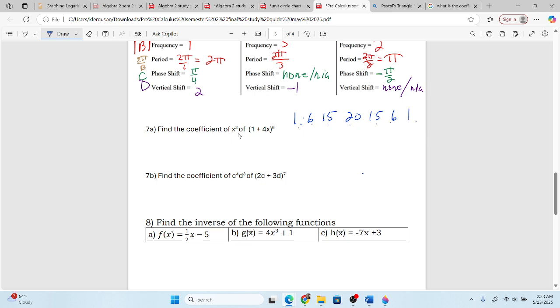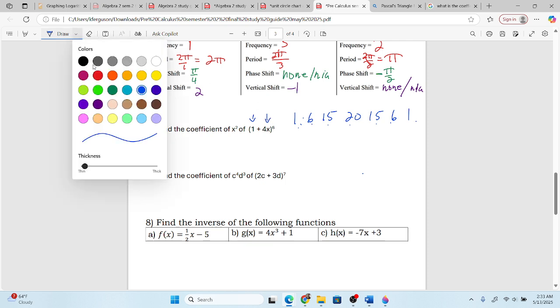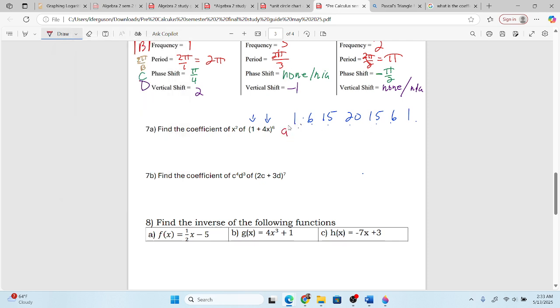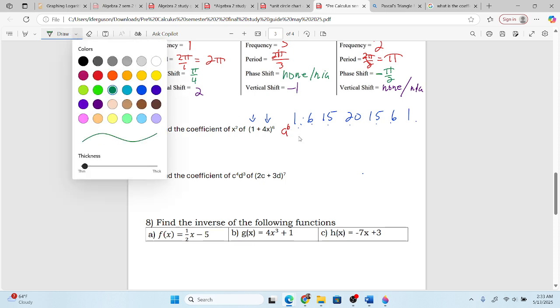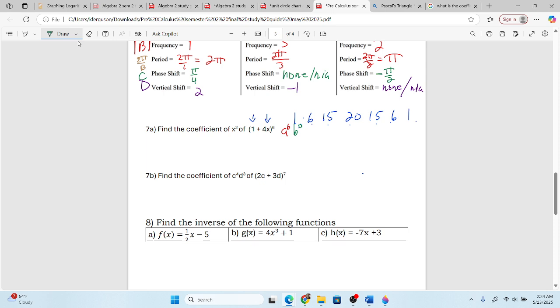Okay. So if I want x to the second power, now I need to think about what position that's in. Well, there's no x here, so x is right there. That's the second one. So remember that when I'm doing this, my first term is going to have a to the 6th power, b to the 0.